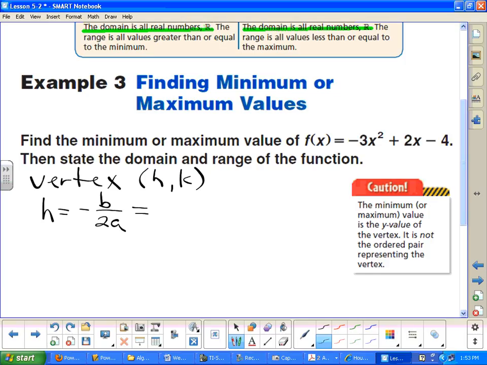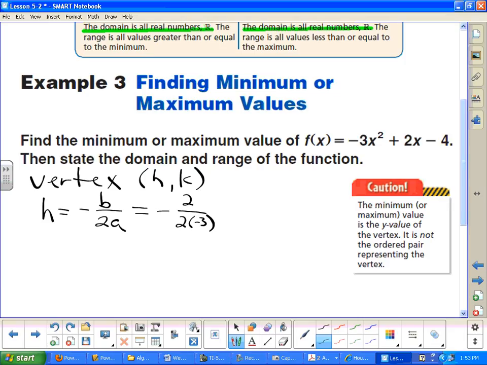So what's the value of b in this problem? 2. Right? So we have negative 2 over, and what's the value of a? Negative 3. But since a is negative 3, is that going to have a min or a max? Does it frown or smile? It frowns, so it's going to have a maximum.